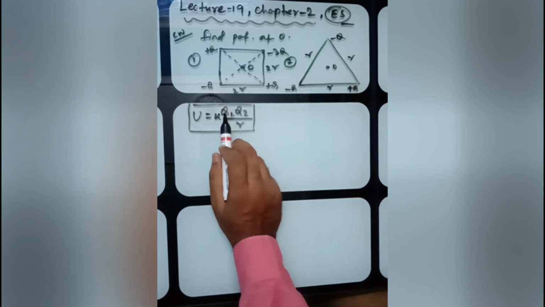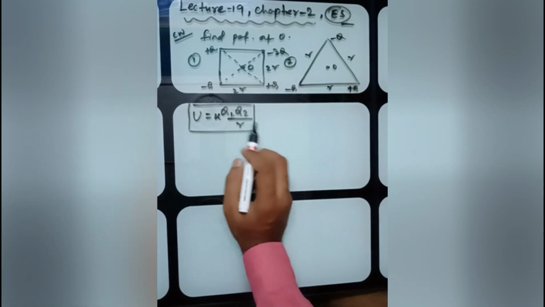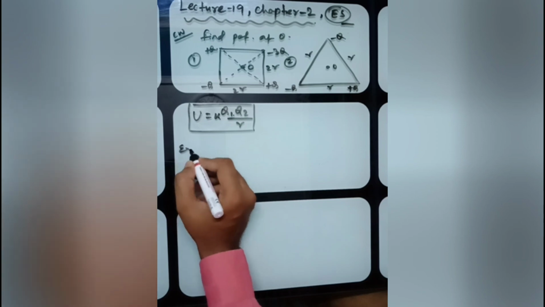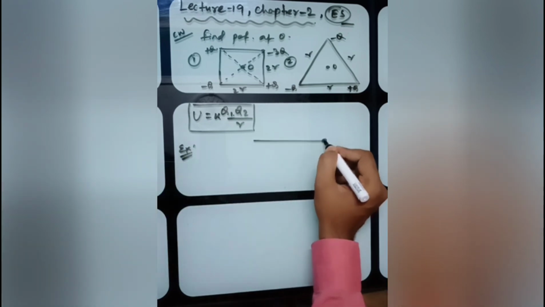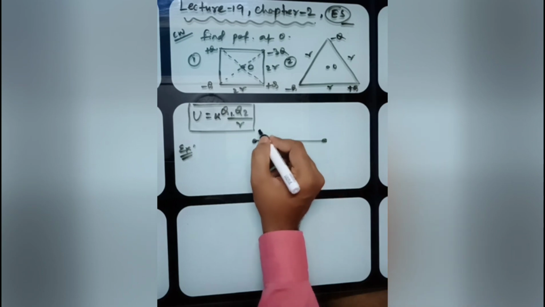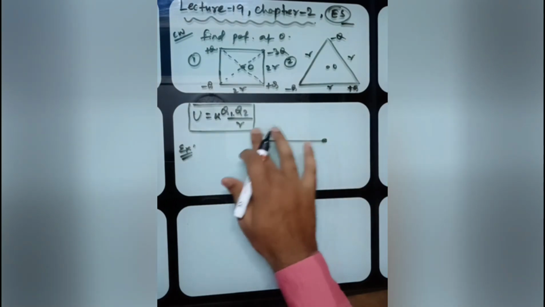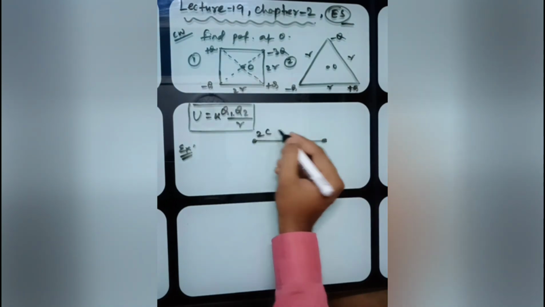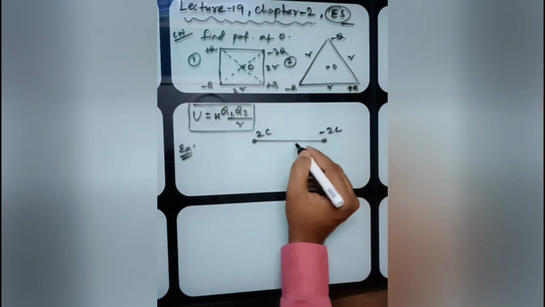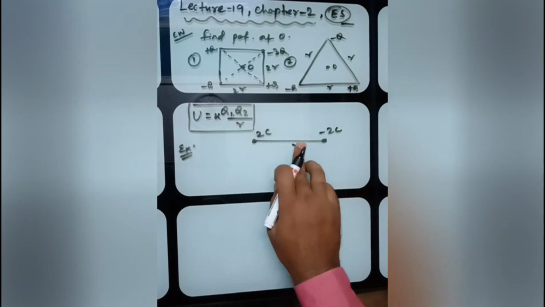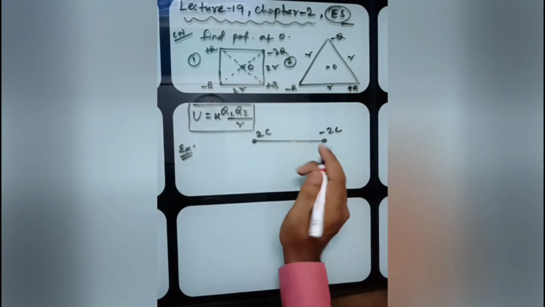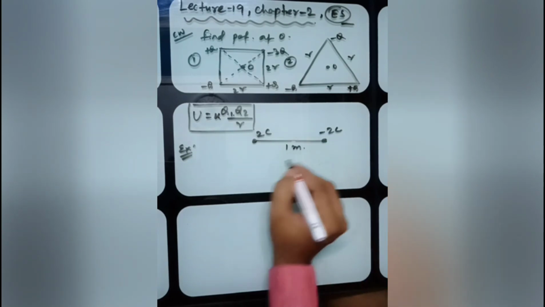If negative, it should be negative. Okay, so the first example: if you are having two charges as 2 coulomb and minus 2 coulomb, which is a very big charge, at a distance of 1 meter. What will be the potential energy?